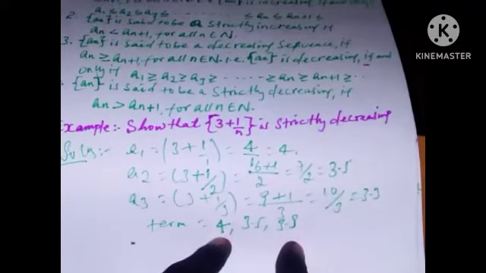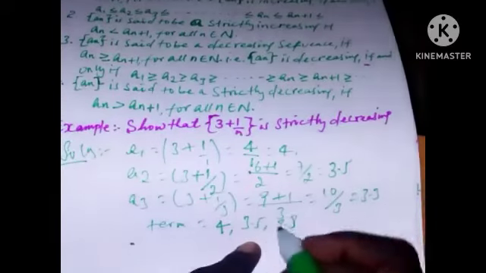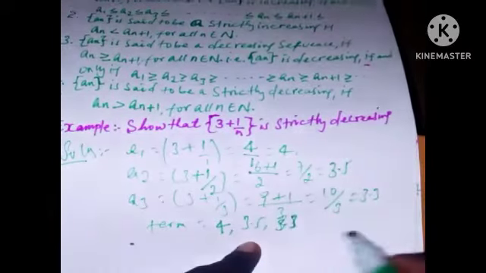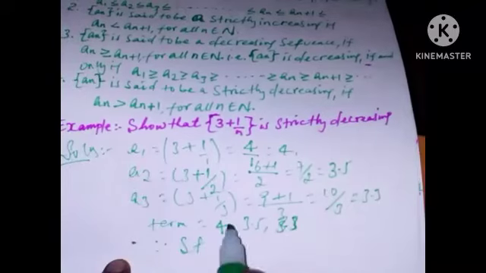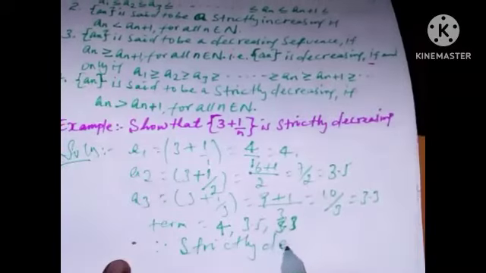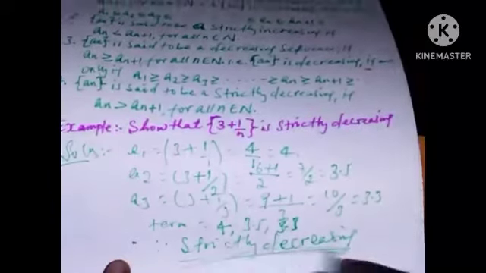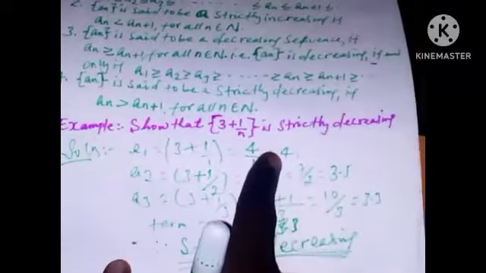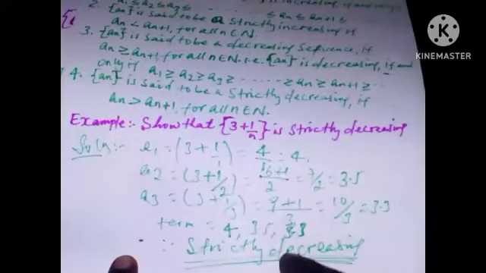Term 1 is 4, which is greater than the second one, 3.5, which is greater than the third one, 3.3. Therefore our sequence is strictly decreasing, because it is decreasing from 4 to 3.5, 3.5 to 3.3, and it goes towards 3. When you have a sequence like this, we say it is a strictly decreasing sequence.